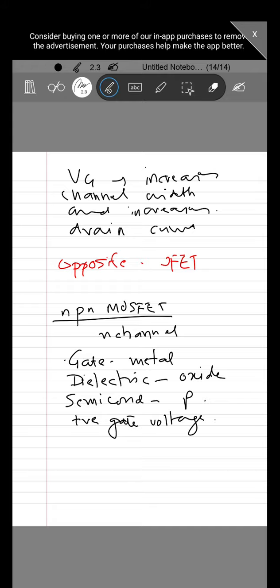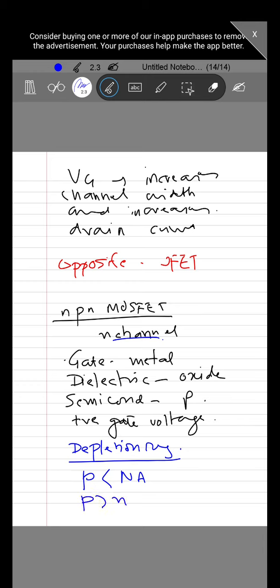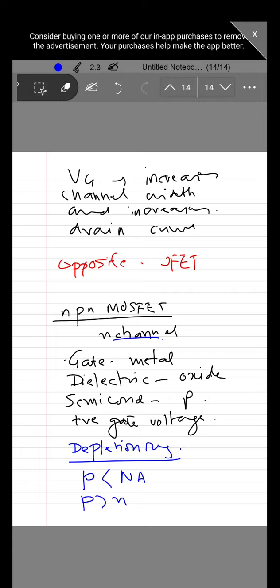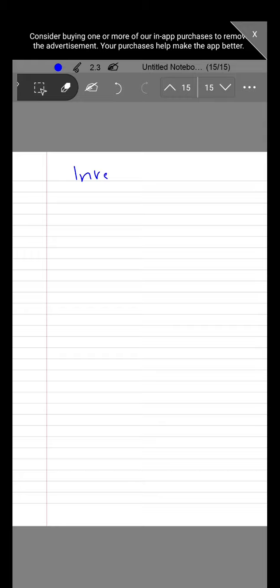So in the depletion region of a Mosfet, for an n-channel Mosfet, the number of holes P is less than the acceptor impurities, whereas P is greater than the number of electrons. Whereas in the case of the inversion region, N is greater than P for an N channel.